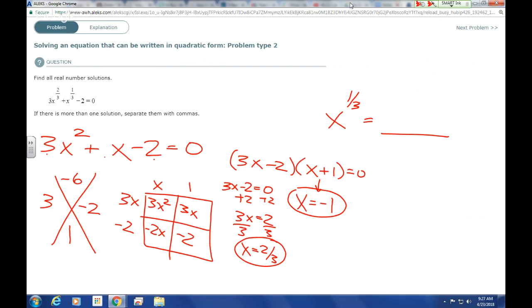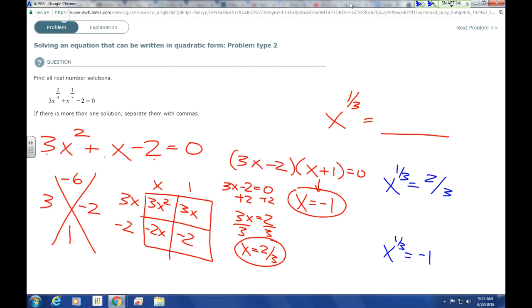Because now I've got to put it in the sub machine. So I take those two answers and say, well, what if I said, just kidding, it's x to the 3rd. I'm going to go off to the side here. x to the 3rd equals 2/3, and x to the 3rd equals negative 1. How do you get rid of a 1/3?